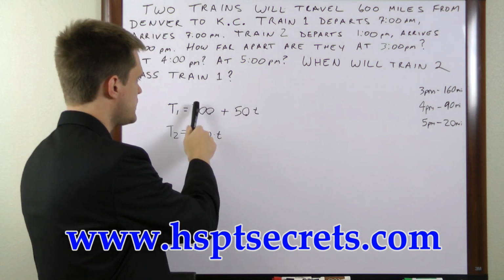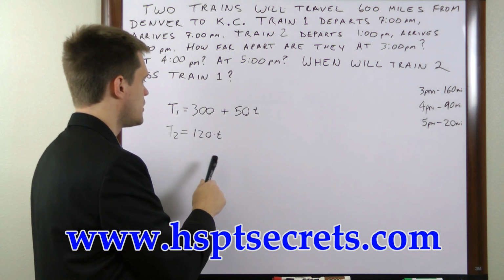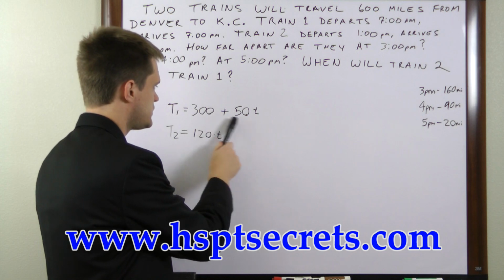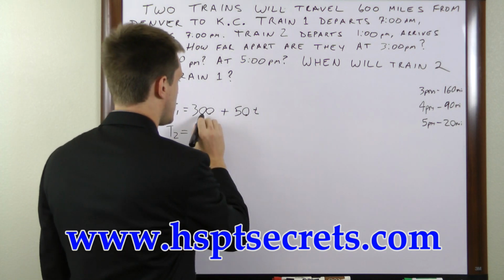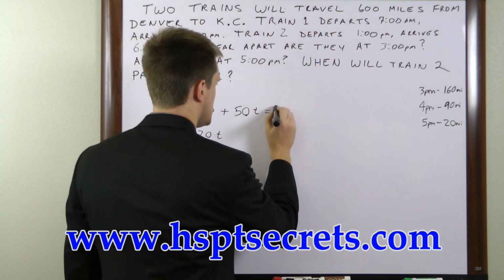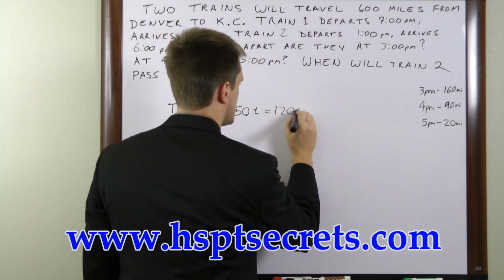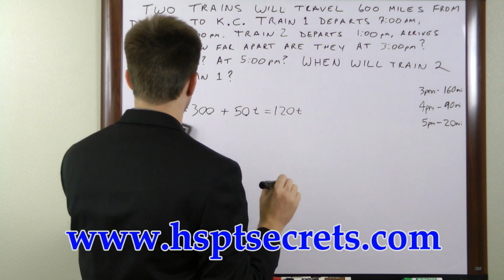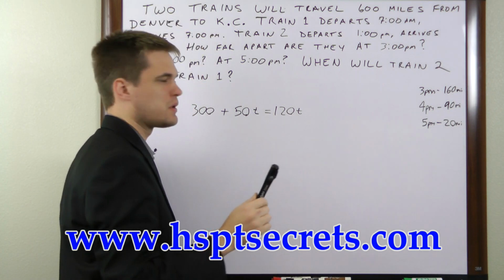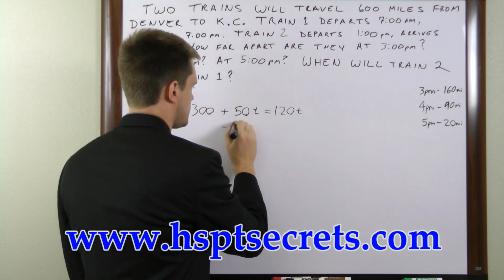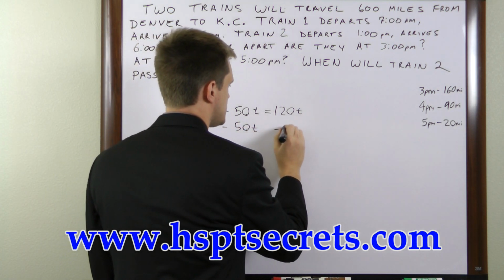Now, to find out when these two are in the same position, all we have to do is set these 2 expressions equal to one another. So we'll write 300 plus 50t equals 120t. So to solve this, we're going to subtract 50t from both sides.